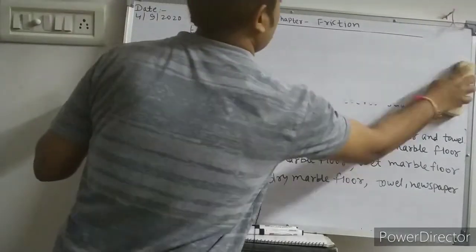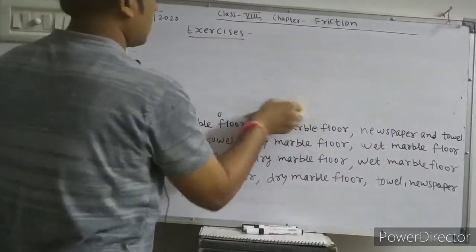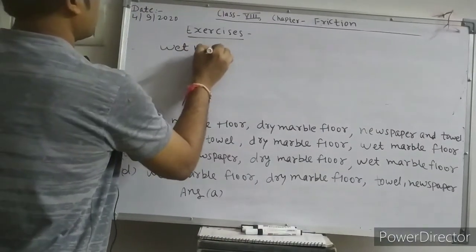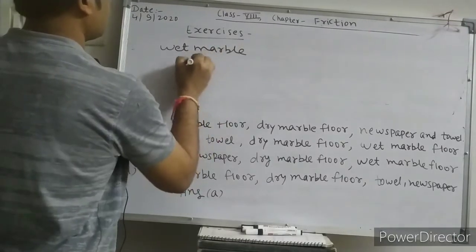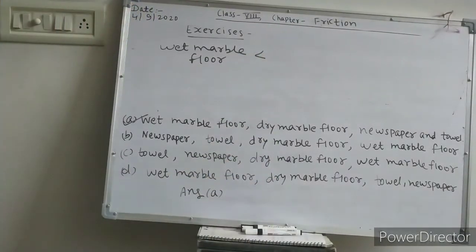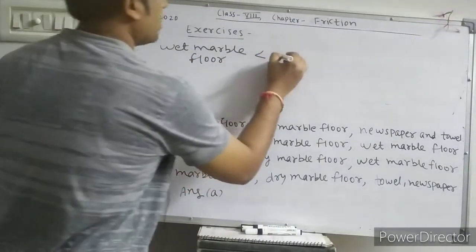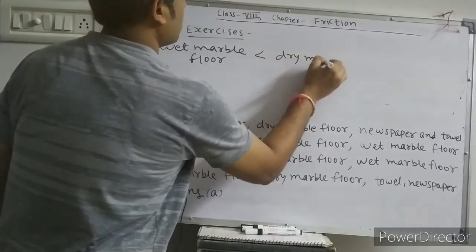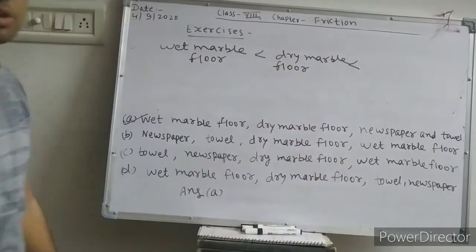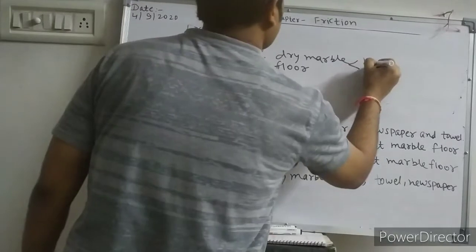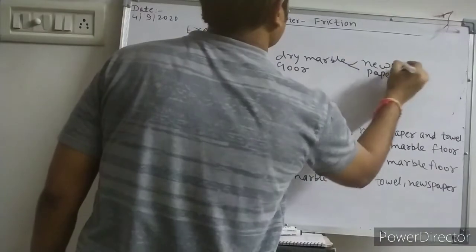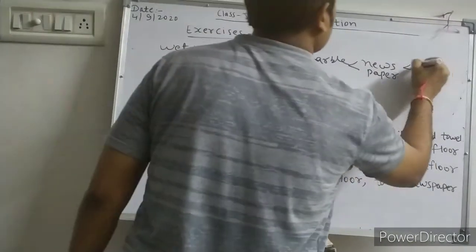I will show you how the increasing order works here. See, wet marble floor provides less friction than the dry marble floor, and it also provides less friction than newspaper and less friction than towel.